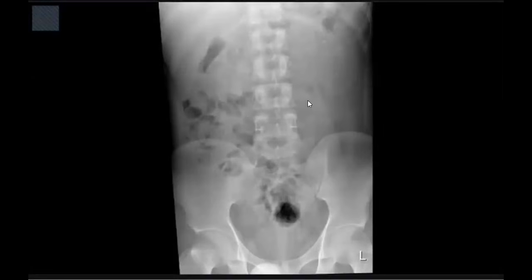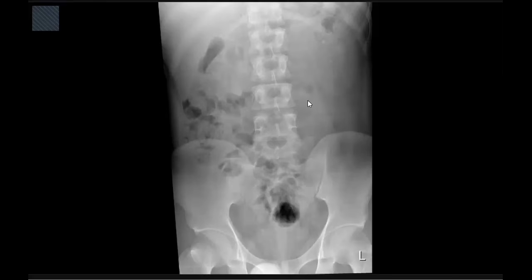I could appreciate that there is a right-sided sacroiliitis, and the left sacroiliac joint appears unremarkable. No other significant abnormality is noted. I would proceed with CT KUB to further assess the patient's condition.